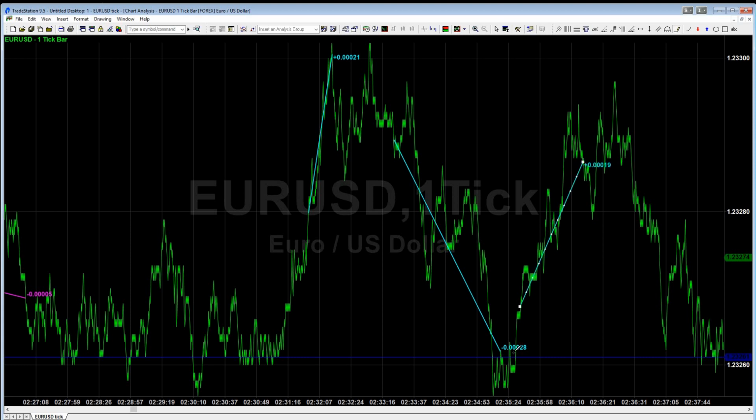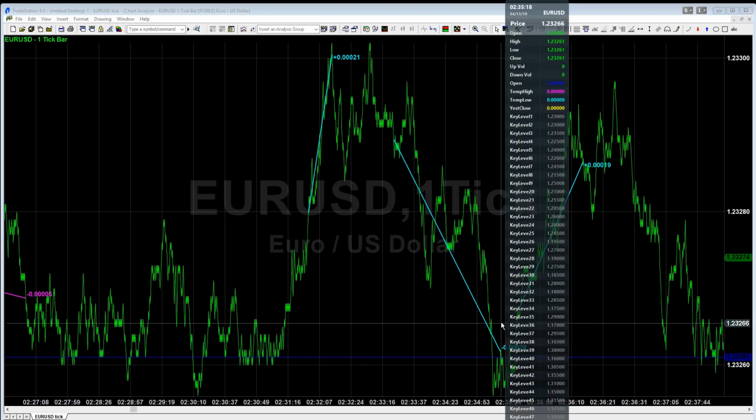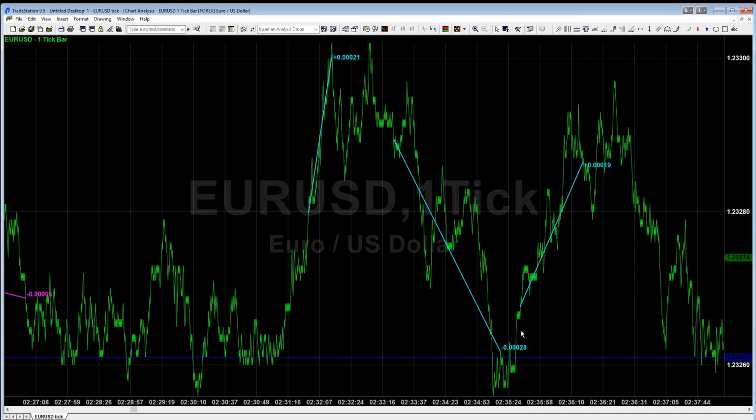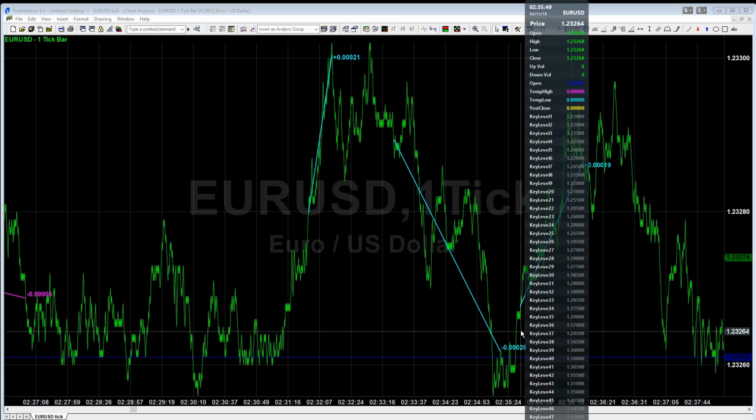Remember, in algorithmic trading, the software can execute trades in about 150 milliseconds, somewhere between 150 and 250 milliseconds. So the amount of time that's taken place from here, this is 2:35 and 18 seconds, and this is 2:35 and 48 seconds.